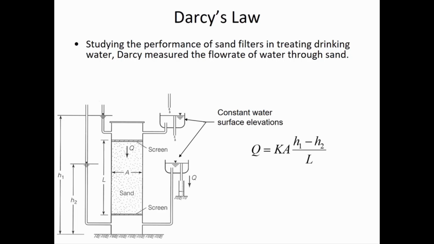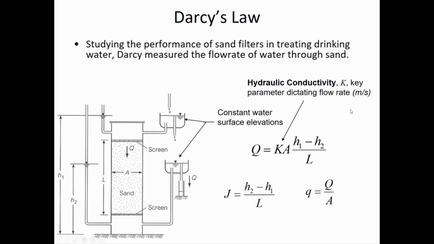But really what speaks to what's going on in the soil is captured by K. And that's going to reflect the size of the voids. It's going to reflect the charge of the particles. It's going to reflect those properties that are inherent to the type of soil that it is. So hydraulic conductivity has units of length per time, and it's a really important parameter for predicting flow rate.